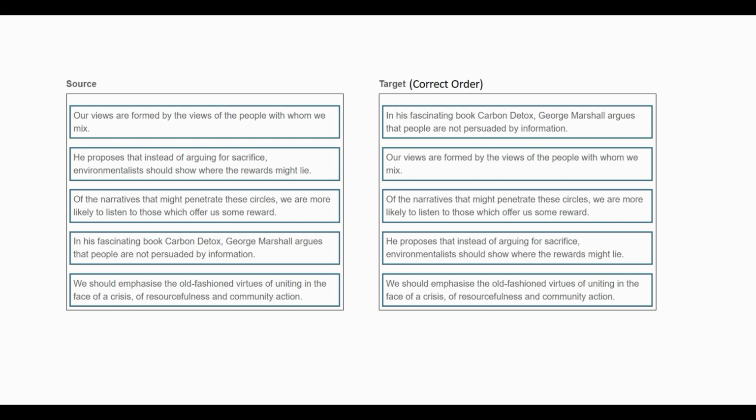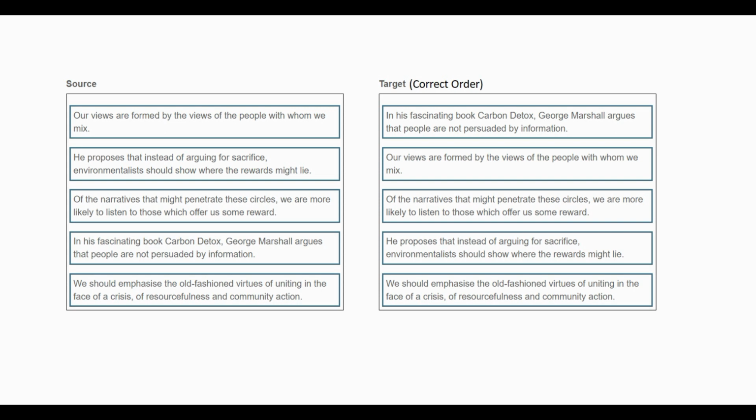So that is how you find the connection. And also people means our. People gives a reference to: our views are formed by the views of the people with whom we mix. People is also there, but remember, not just matching by one word; rather, you focus on the context as well. That is going to be more secure. But views, our, people, they give the clue.